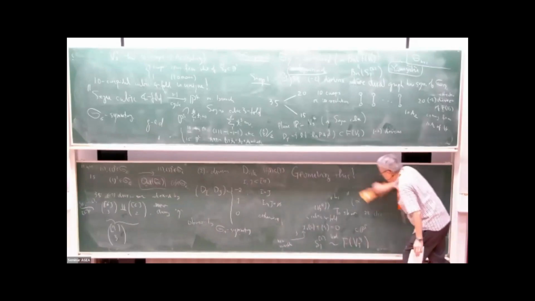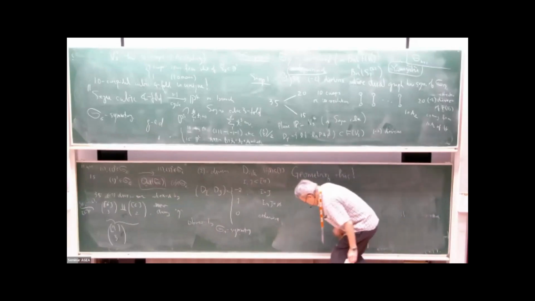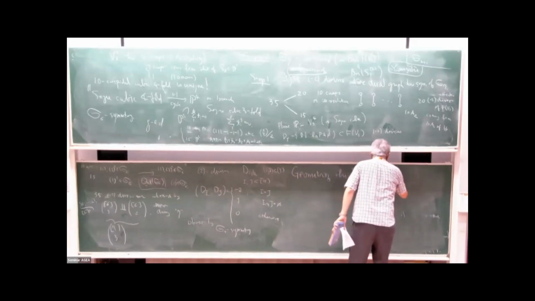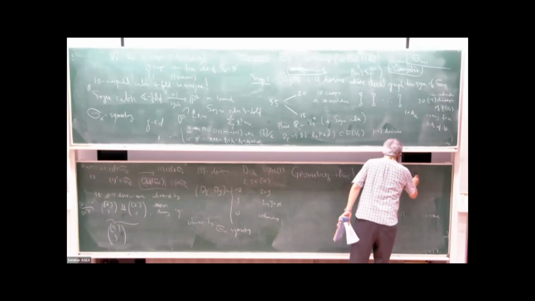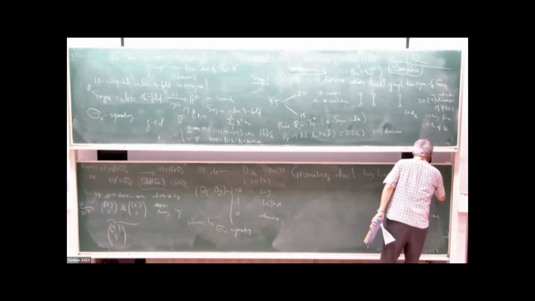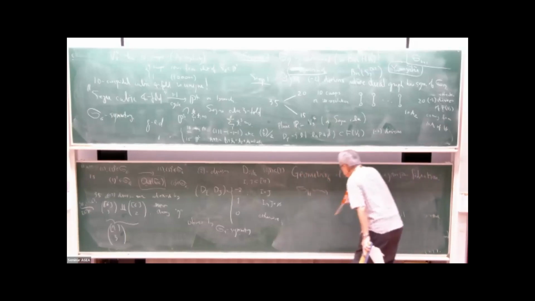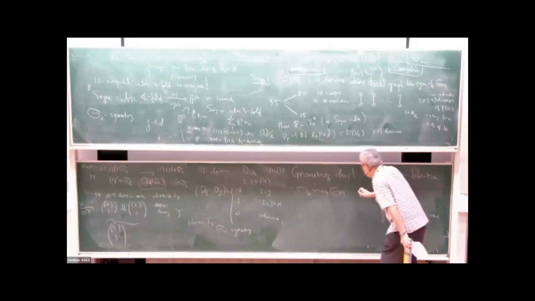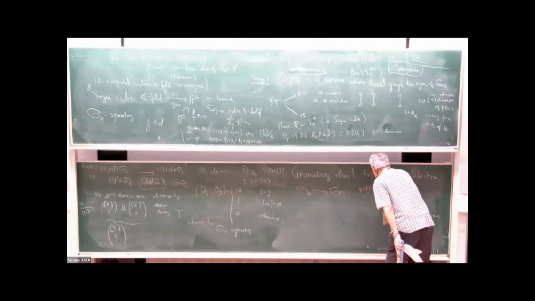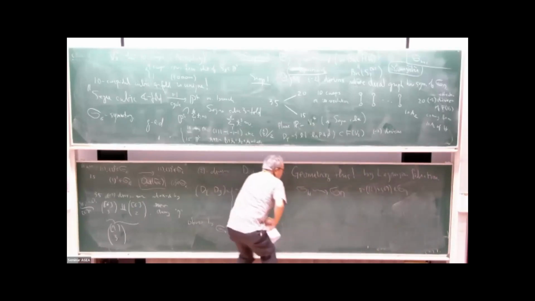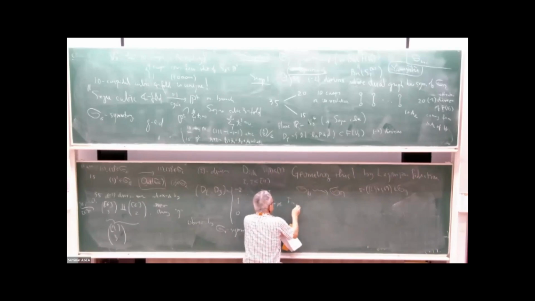And the answer is to use Lagrangian fibration. So we have to extend the symmetry from S6 to S7. So we need an element of order 7, for example, this one. And we find a heptagon.